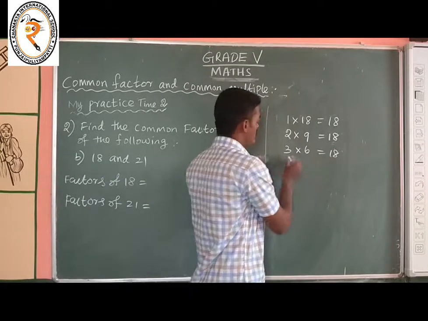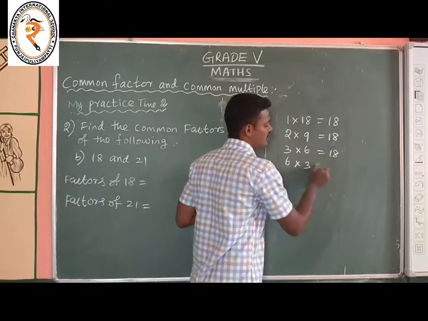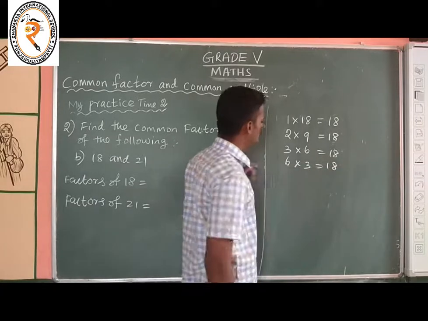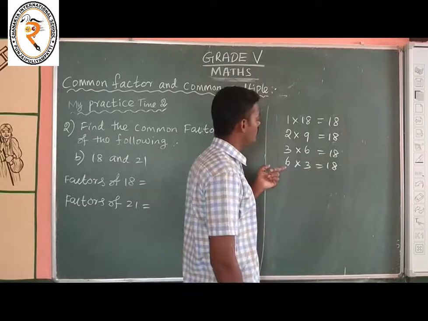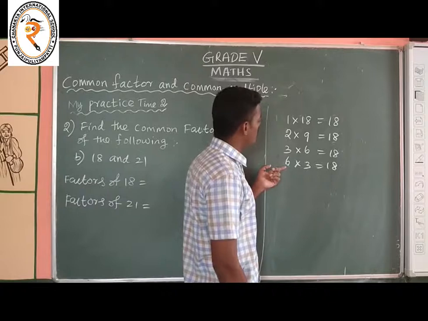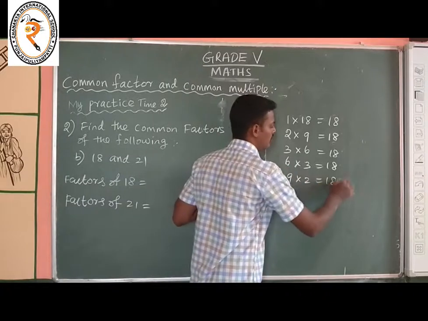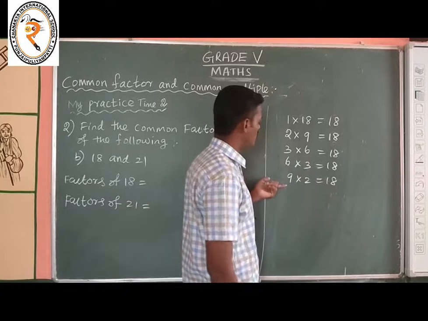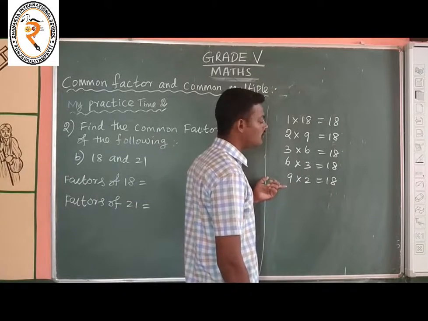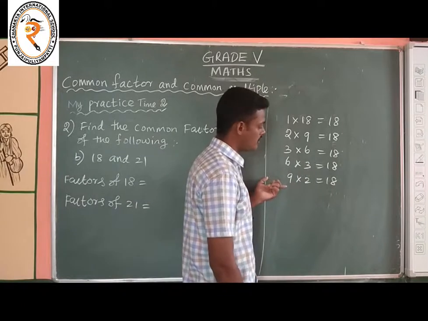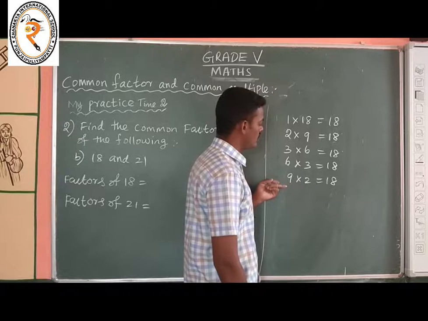Sixth table, 6 3s are 18. Seventh and eighth tables, not in 18. Ninth table, 9 2s are 18. Next, 10, 11, 12, 13, 14, 15, 16, 17.